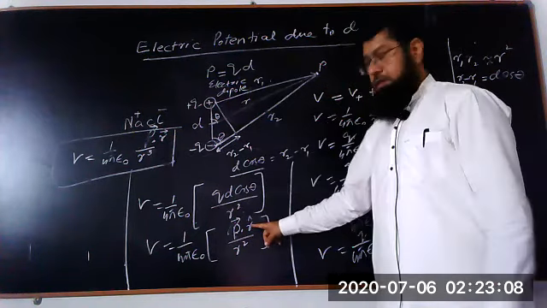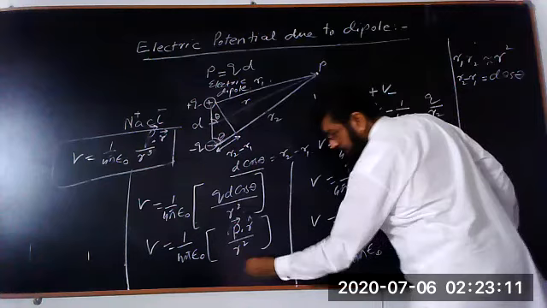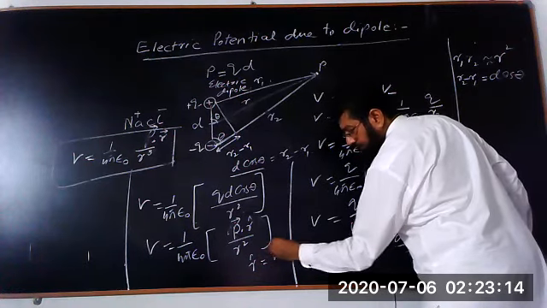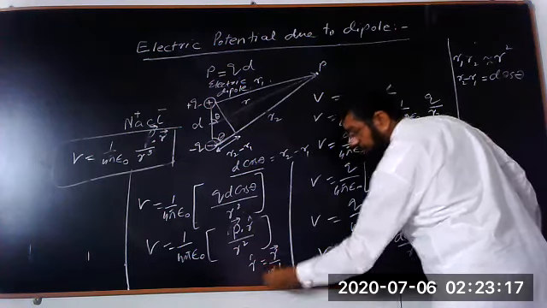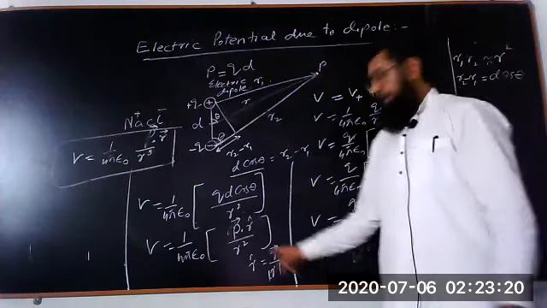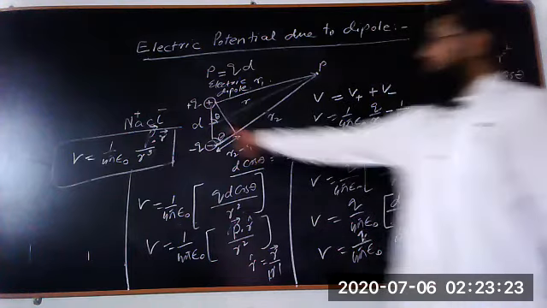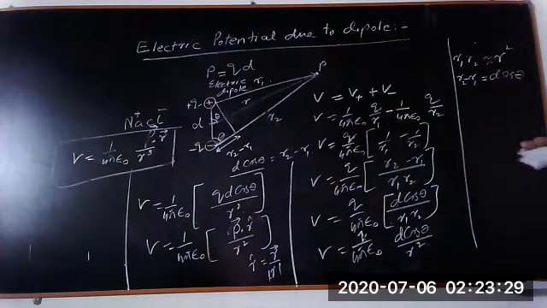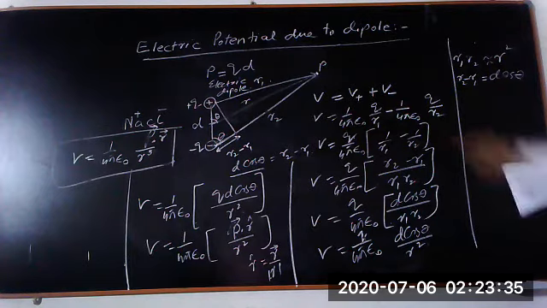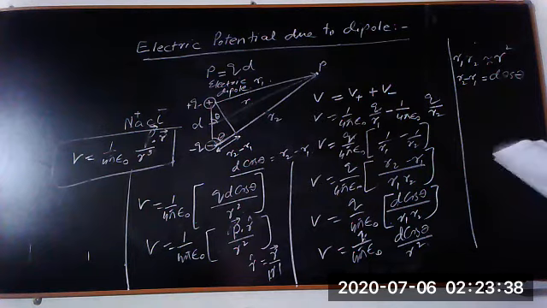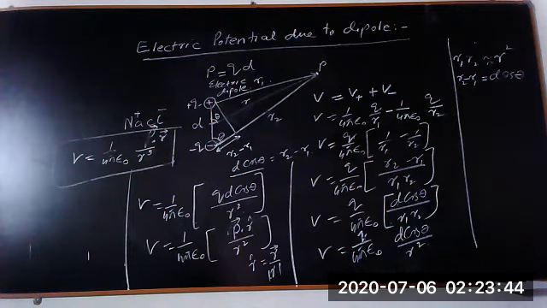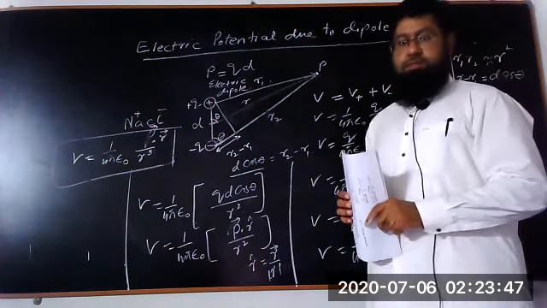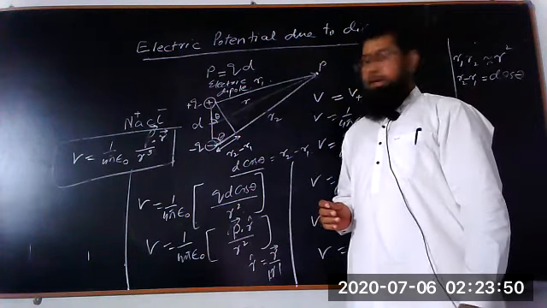So I multiplied the unit vector, and as a result you get this equation. This indicates that the electric potential varies with 1 over R square. This is the electric potential due to the dipole, and it is one of the applications of electric potential. Now we come to the other equation.